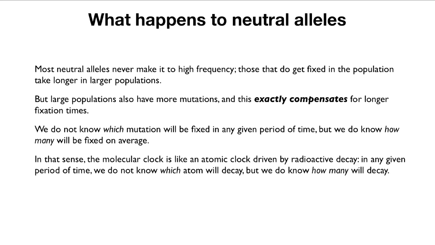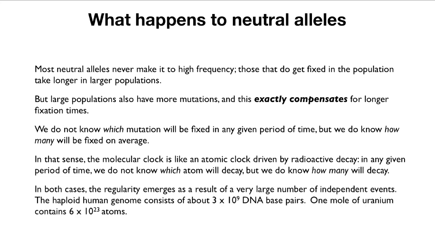So, in that sense, there is a molecular clock, and that molecular clock is like an atomic clock. An atomic clock is driven by radioactive decay. And in any given period of time, we don't know which atom will decay, but we do know how many will decay on average. And the regularity of this process is a result of the very large number of independent events.